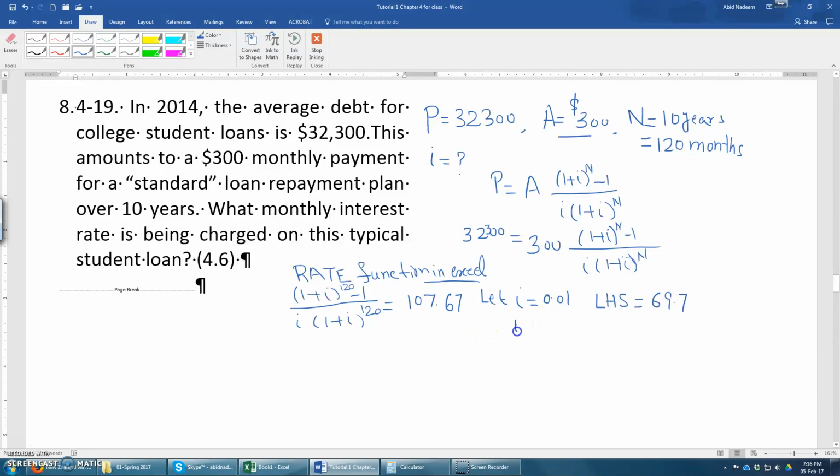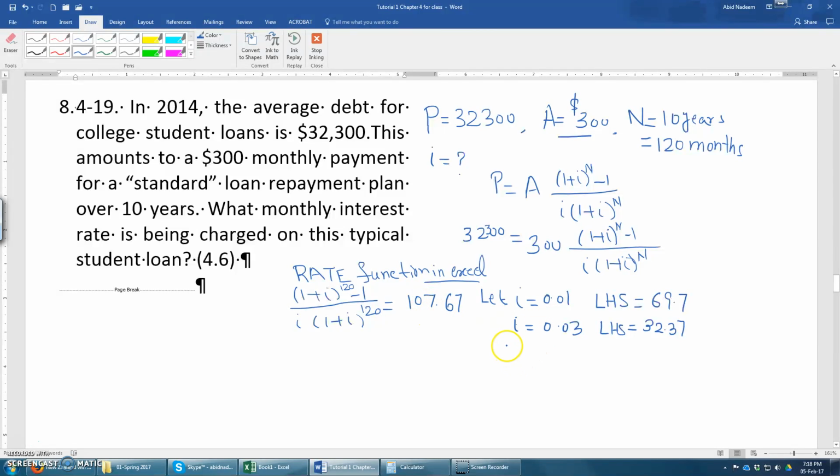Let's suppose this value is now 0.03. Then the left hand side will be equal to 32.37. By this I can see that the value is decreasing. We need some value which is equal to 107.67.